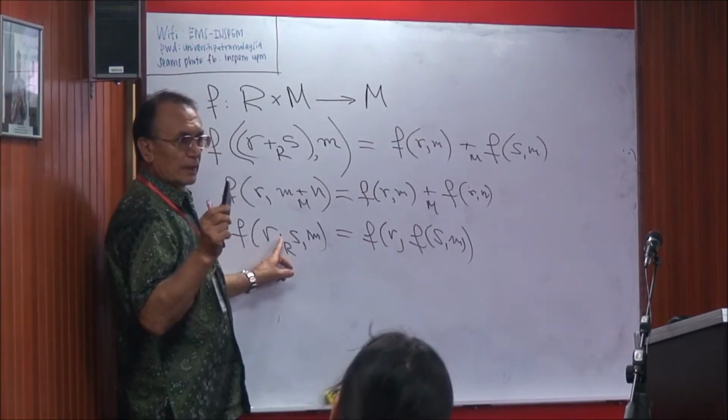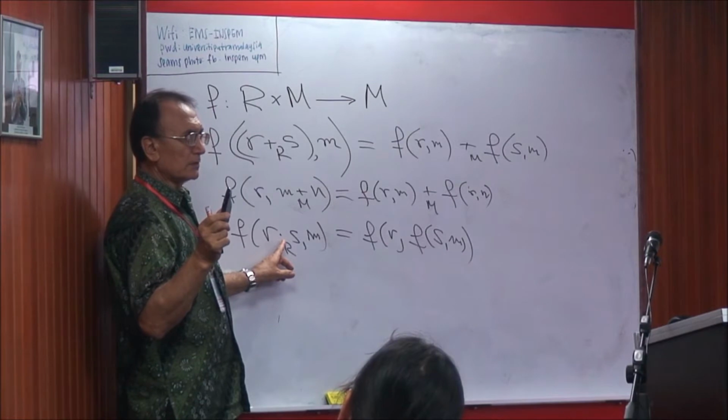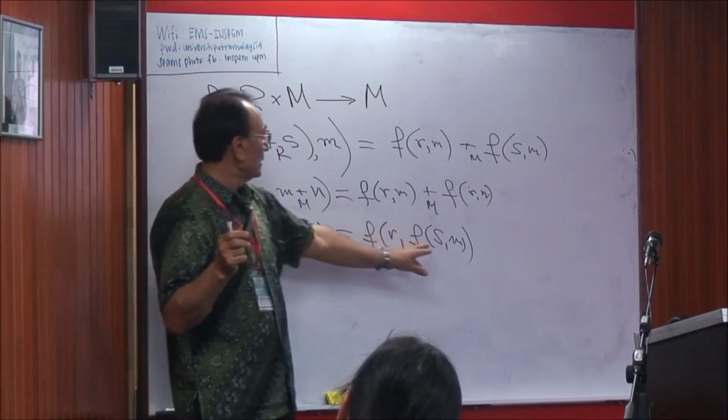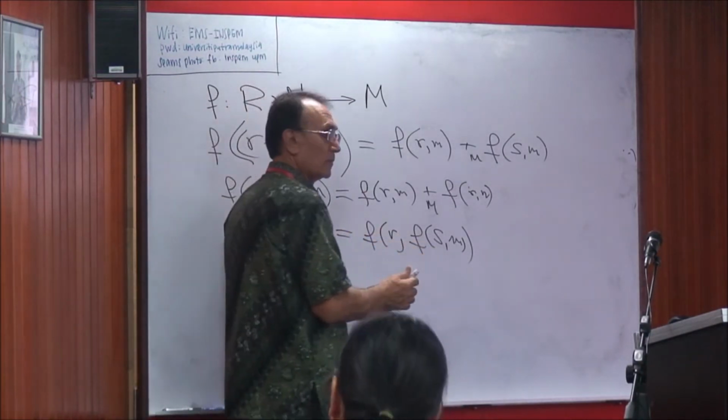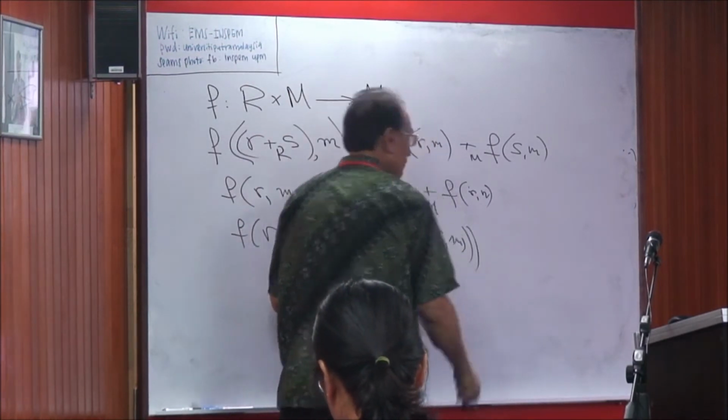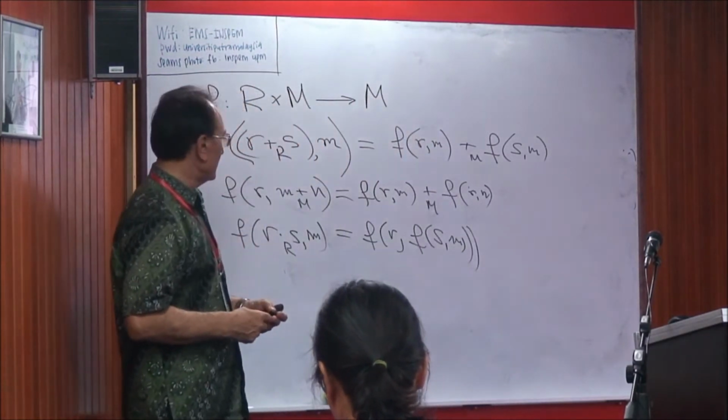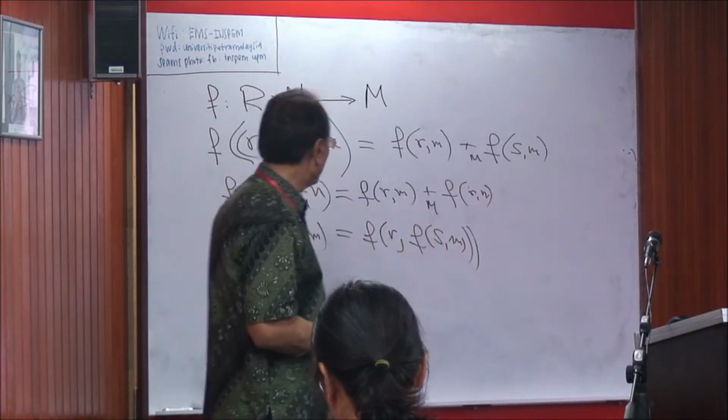Here is your ring product, here is the action, your f. So this is number 3.